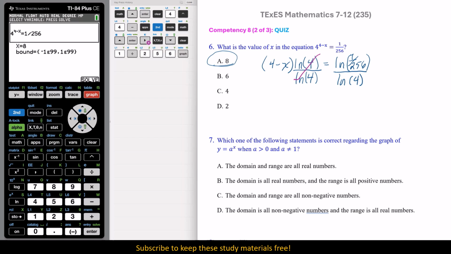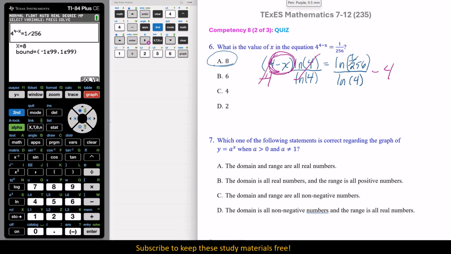Then we need to subtract 4 from both sides. Then this cancels out. But we need to notice that we have a negative x on the left-hand side. So if we multiply both sides by negative 1, we'll get a positive.